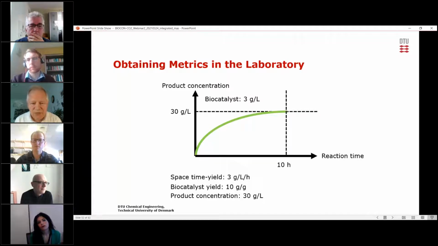First of all, this 30 grams per liter divided by 10 hours, so 3 grams per liter per hour. It gives us a biocatalyst yield or a specific yield, as we sometimes call it. Also, this 30 grams per liter divided by the 3 grams per liter of biocatalyst, so that's 10 grams per gram. And then a product concentration we can read off directly, 30 grams per liter.